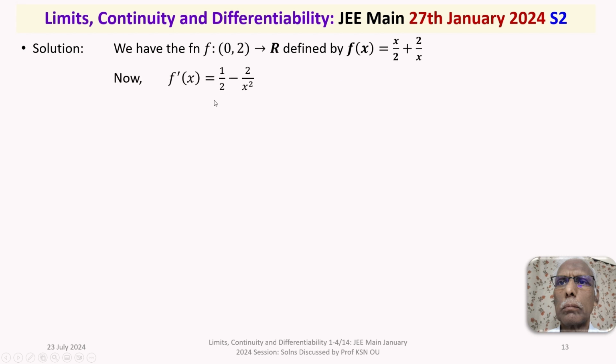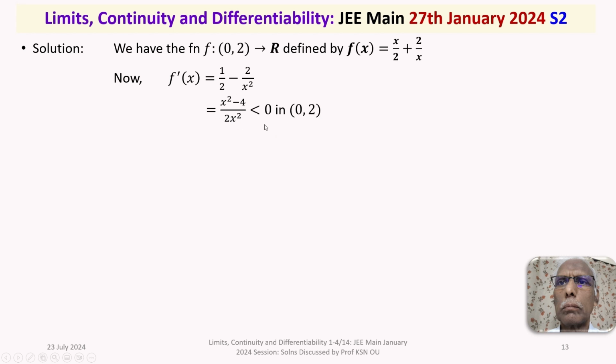f prime x: differentiate x by 2, it is 1 by 2, plus 2 by x differentiates to minus 2 by x square. And f prime x is x square minus 4 by 2x square after taking the LCM. In the interval 0 to 2, it is negative. You take any convenient point, that is 1, substitute here, we get negative.